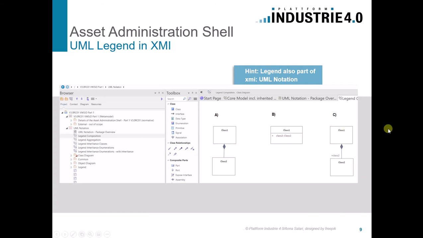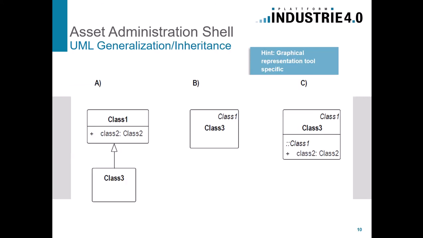You need to know that these three kinds of modeling are identical, so they are all expressing the same kind of composition. It's the same for inheritance, so these are also three ways of representing inheritance or generalization in the UML tooling used.